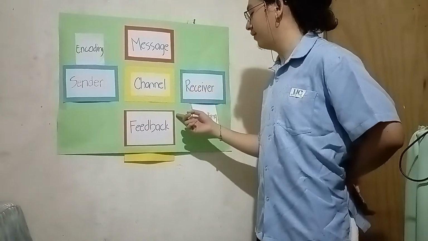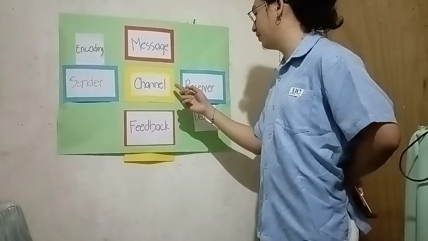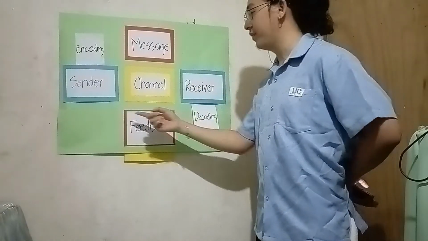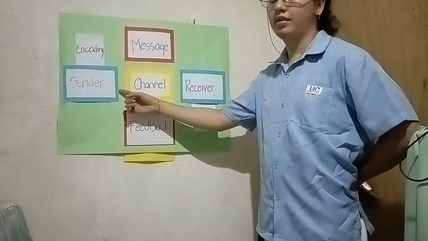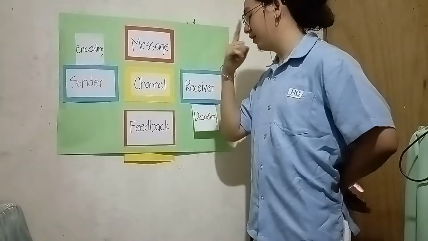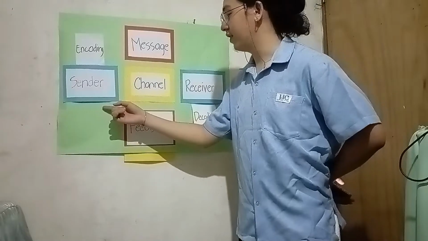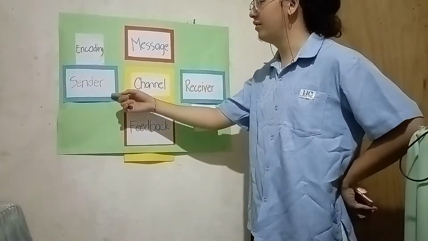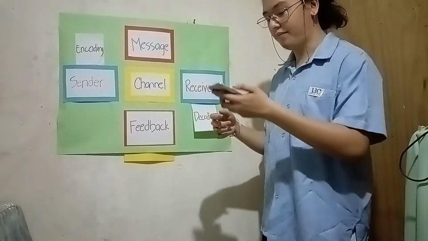Having a feedback means that the communication between the sender and the receiver is effective, which means the process is complete, and the sender will receive the feedback and decode the feedback of the receiver.